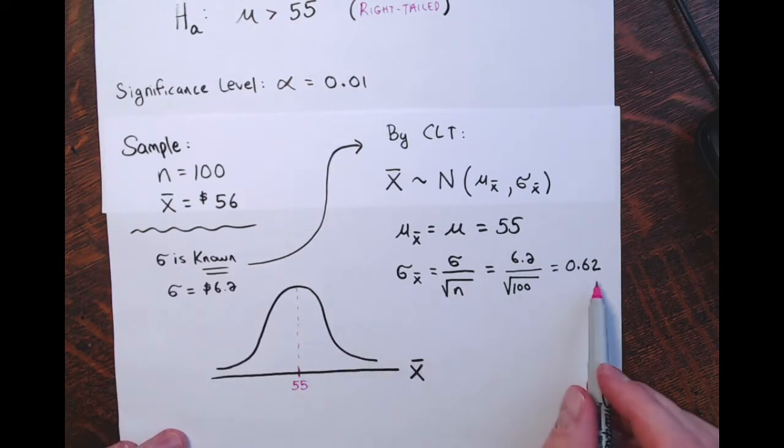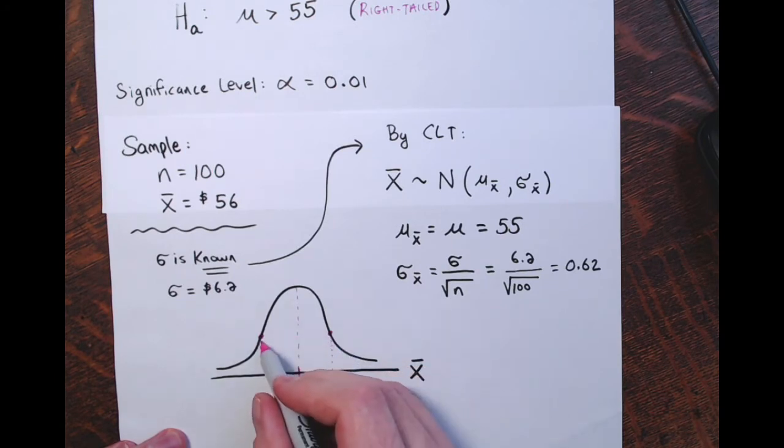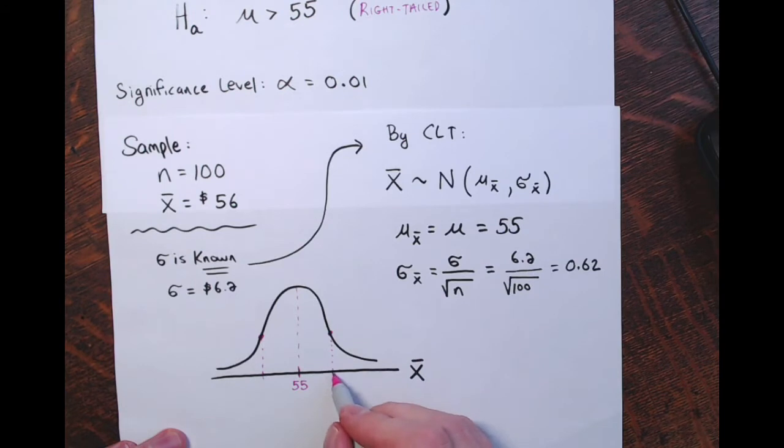And the standard deviation is about 0.62 here, so the inflection points, remember, should be one standard deviation above and below. So this is about 55.62, and this one's 54.38. So there's one standard deviation below, one standard deviation above, and being a normal distribution, that means about 68% of the area is in between these two, if you recall your empirical rule.